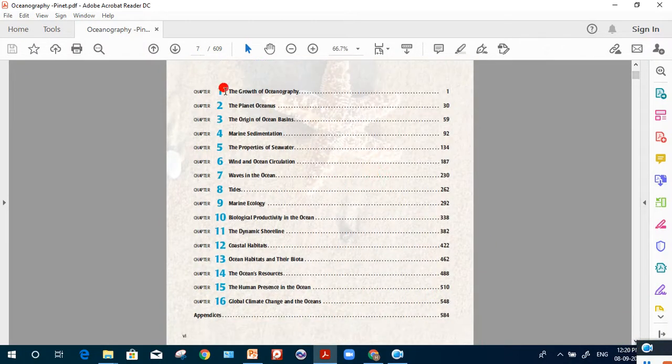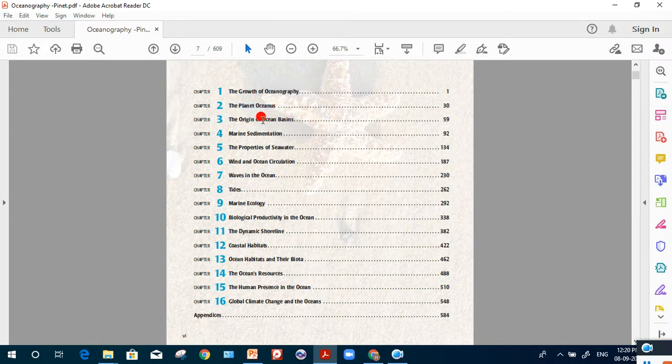You can see in the first chapter the growth of oceanography, the history of oceanography, how we started studying oceanography, and the various planet Oceanus. This is a very introductory chapter.